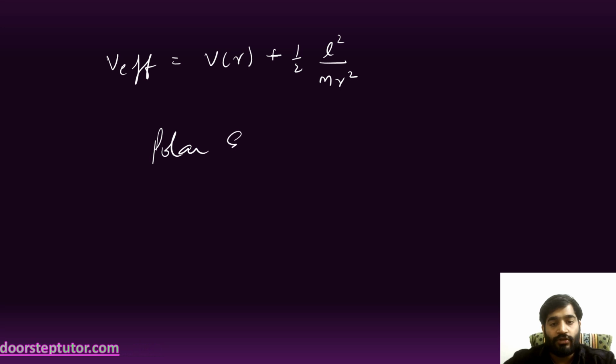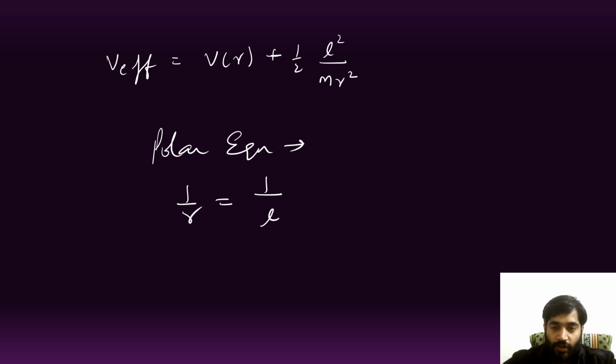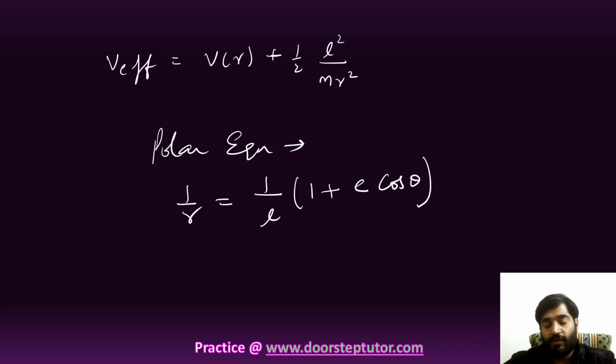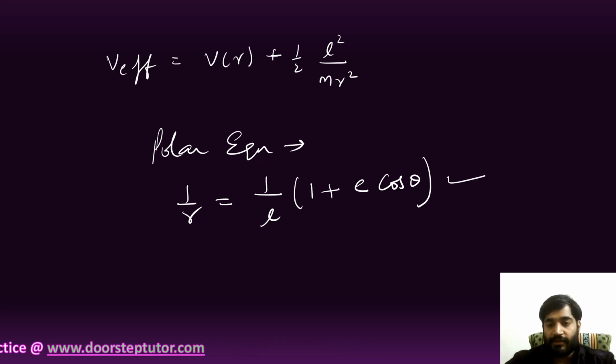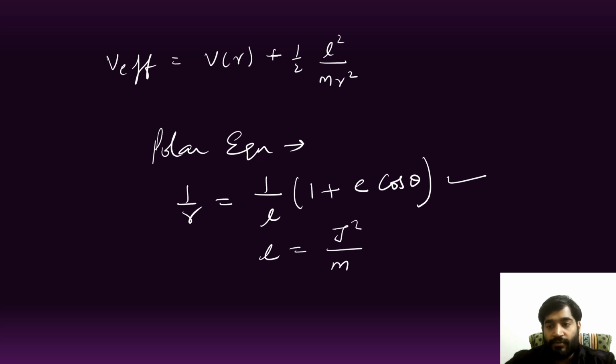The polar equation of motion, that is 1 by r equals 1 plus e cos theta, because in the problem they ask for the eccentricity. Now how will you find the eccentricity? You have to reduce the equation into this format, then compare and find the eccentricity. Now you know what L is here, isn't it? It's J square upon m, you can say.